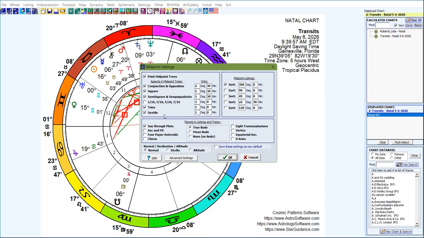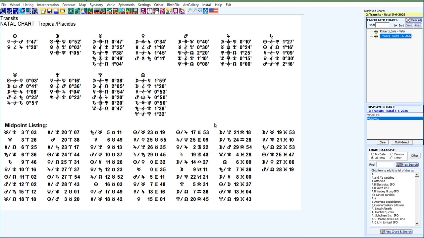Without them, it's hard to see the actual energy of the chart. If you only focus on conjunctions and ignore these other aspects, it's not going to be that strong. So I suggest using all of these aspects in here and save it as your default setting. And we click on OK. Okay, so now this is the midpoint structure.